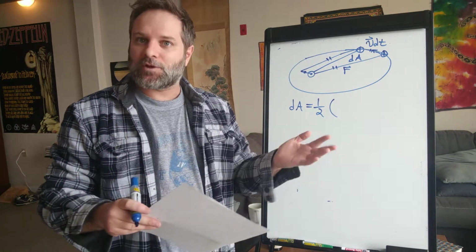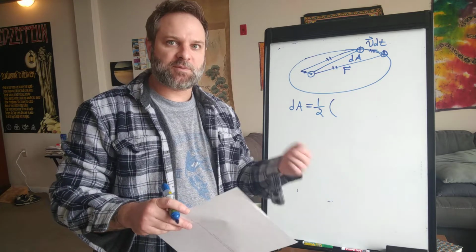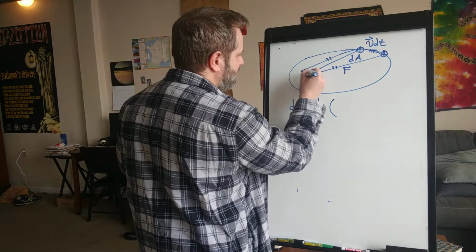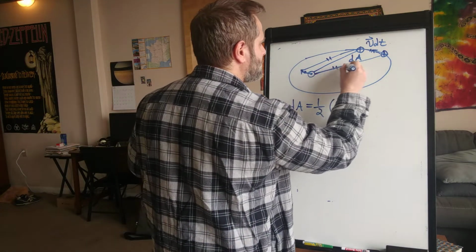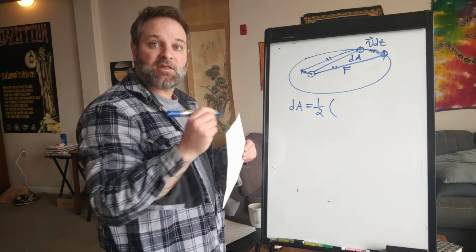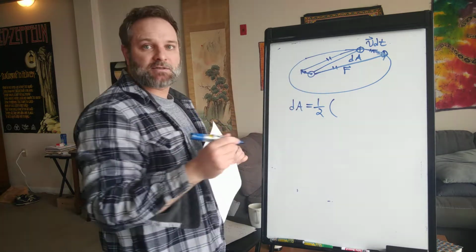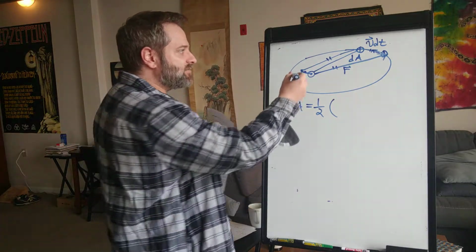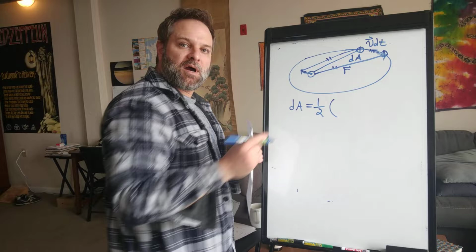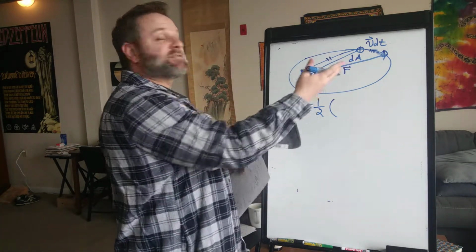And one of the properties of the cross product, which we didn't mention earlier when we talked about cross products, is that if we take the cross product between two vectors and then take the absolute value of the resulting vector, the length of that new vector gives us the area of the parallelogram defined by those two vectors. You can see this easily in the case of a rectangle.